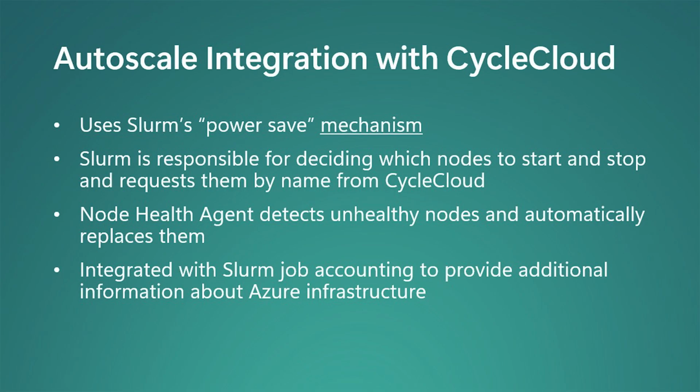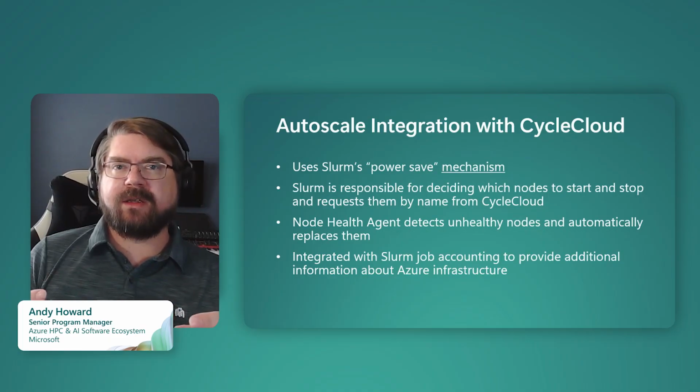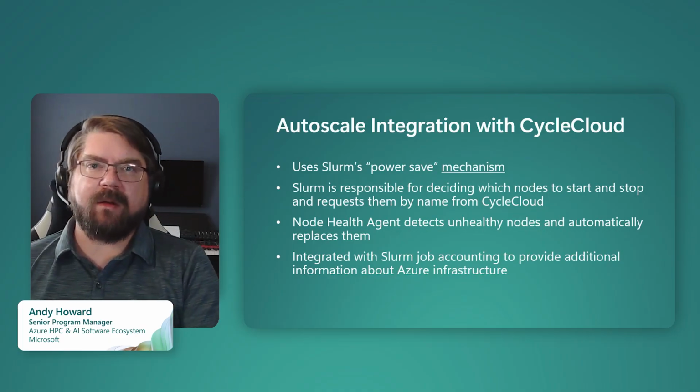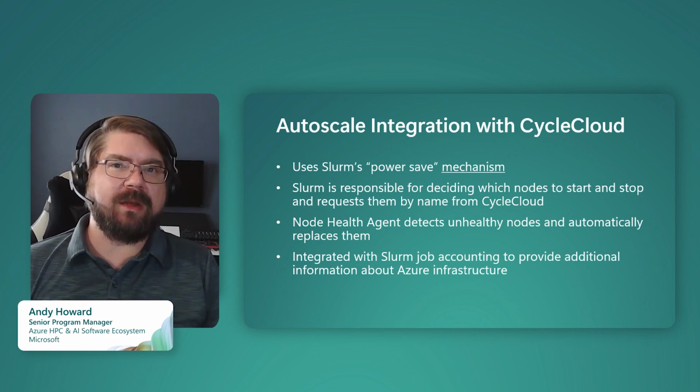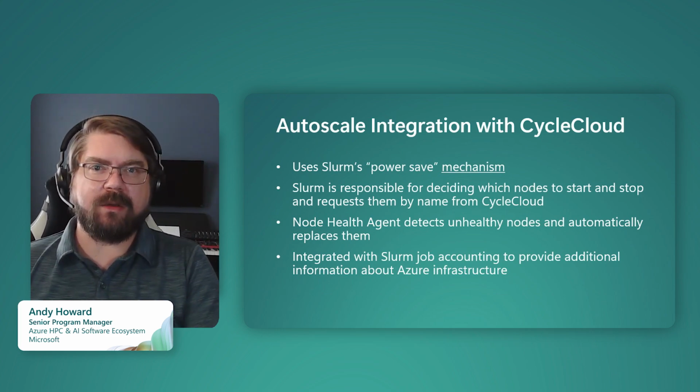And then finally, when it comes to the job accounting, it's nice to know the things that Slurm already accounts for. Things like what's the memory utilization, CPU utilization, who was using what when, what's the overall utilization. But then there's other aspects that are kind of cloud specific, right? If you want to do things like cost reporting, for example, you need to know what VM type they were allocated to.